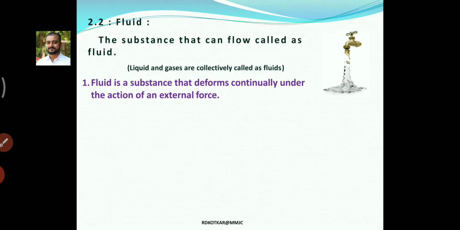As you open the tap, the force on it is reduced, means pressure will flow from the high region to the low region and it starts to flow.